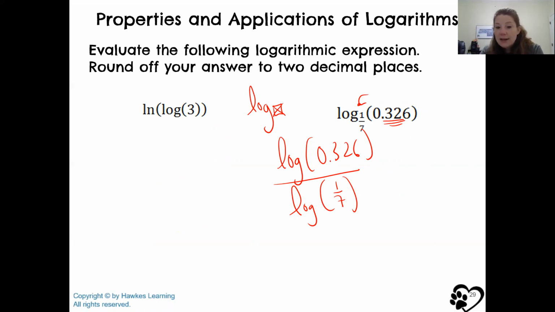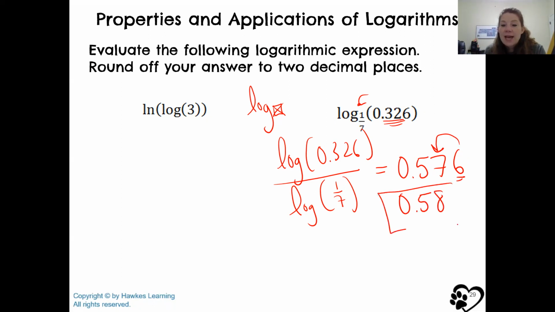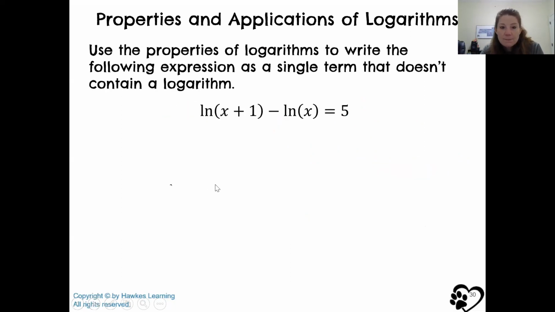I'm typing in log 0.326 over log of the fraction 1/7. And my calculator tells me the answer is, I'm sorry, digging for my pen, it is 0.576. So that 6 turns my 7 into an 8. And that is the answer I would type in either Hawkes or My Open Math, either one.